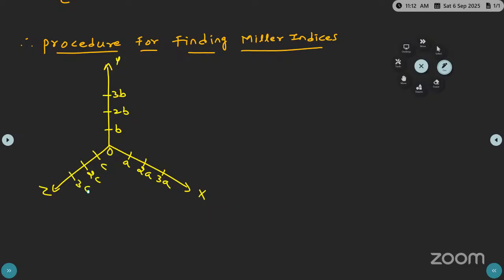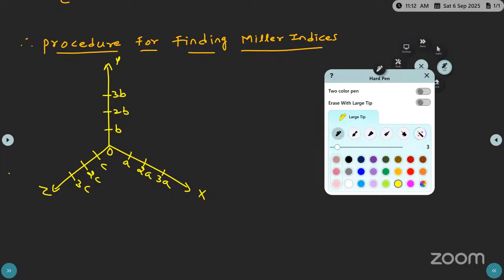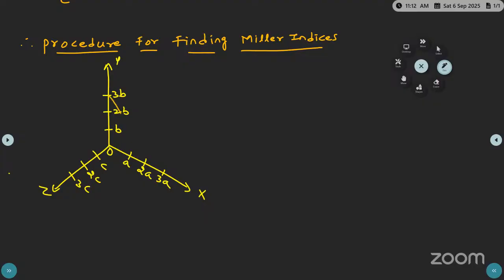Now let's consider one of the planes like this. This is the plane ABC, capital A, B, C. Draw this one.